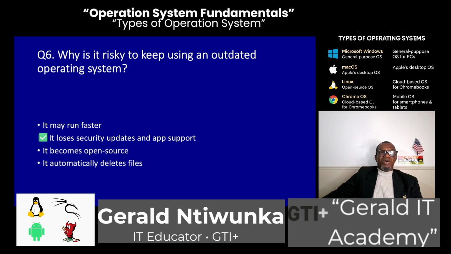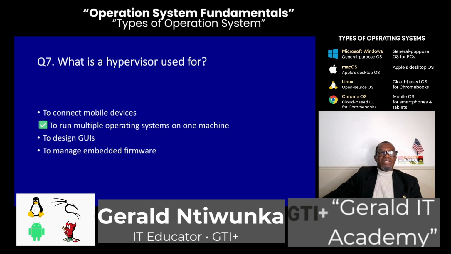Number six, why is it risky to keep using an outdated operating system? Because it loses security updates and app support. Now, what is the hypervisor used for? It is used to run multiple operating systems on one machine. That's the answer.